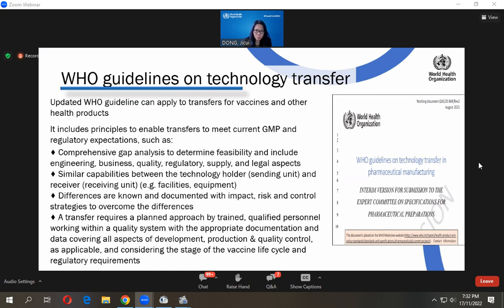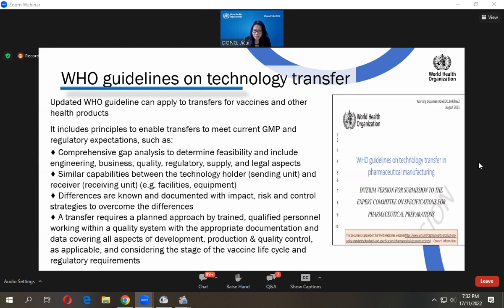Because it helps you to overcome the differences as well when there are any. So a transfer requires a planned approach by trained, qualified personnel, working within a quality system with appropriate documentation and data covering all the aspects of development, production, and quality controls.